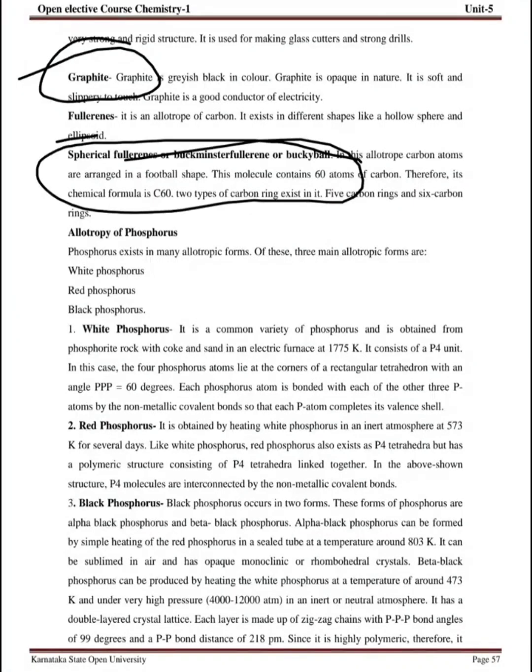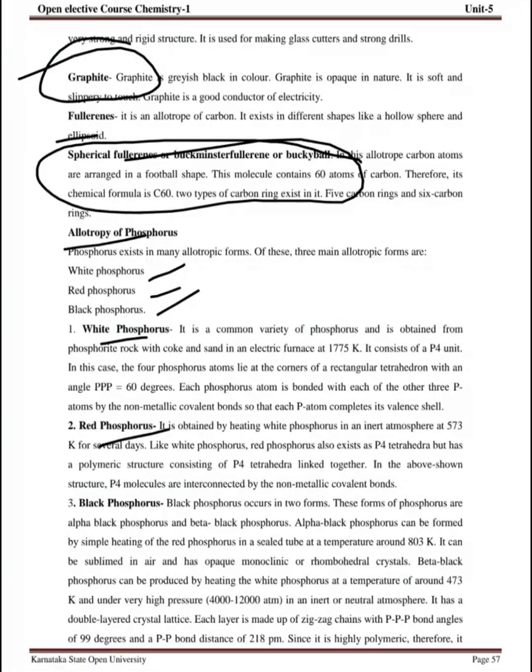And next is the allotropy of phosphorus. So there are white phosphorus, red phosphorus, and black phosphorus. As I told, allotropes have different physical properties but the same chemical properties.